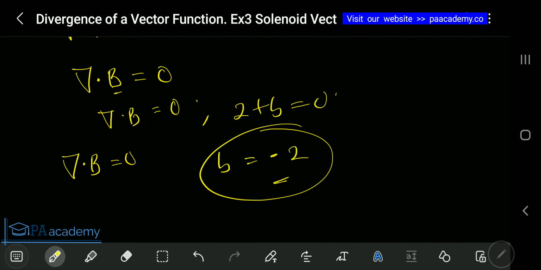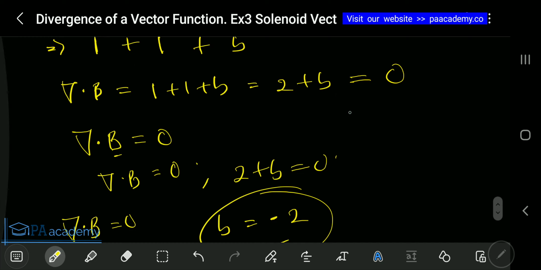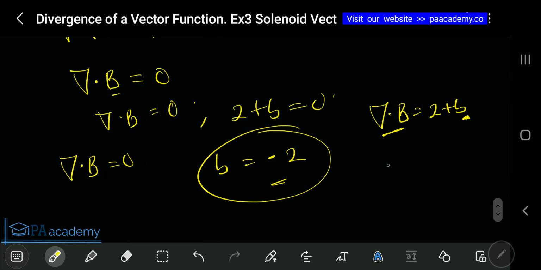So whatever you get, if you are getting an answer that is not equal to 0, like in this case, we've got our div F to be equal to 2 plus b. That means this b is a value that will make our div F 0. So you can go ahead and equate 2 plus b to 0 so that you can get your value of b. So our b is minus 2.